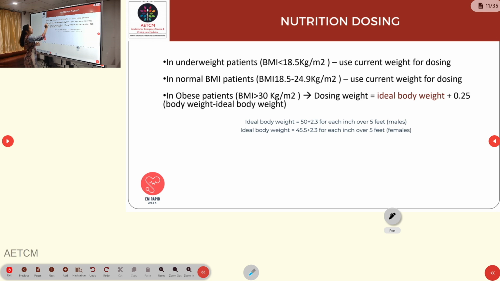In underweight patients we use the patient's current weight for dosing, and if the patient has a normal BMI, we also use the current weight for dosing the feed, whereas in obese patients we can use the ideal body weight. The ideal body weight for females and males should be calculated, and then that should be given. Usually the dosing weight will be ideal body weight plus 0.25.